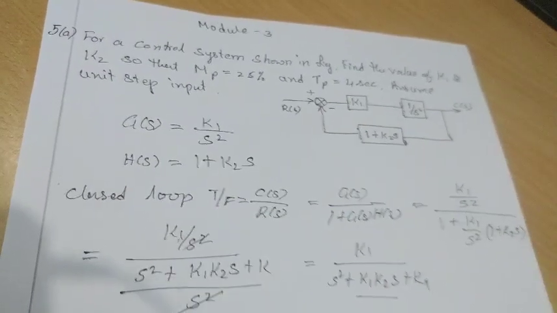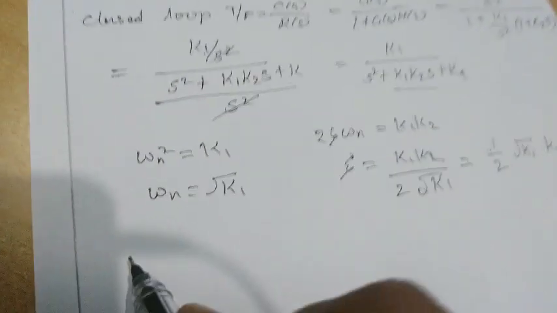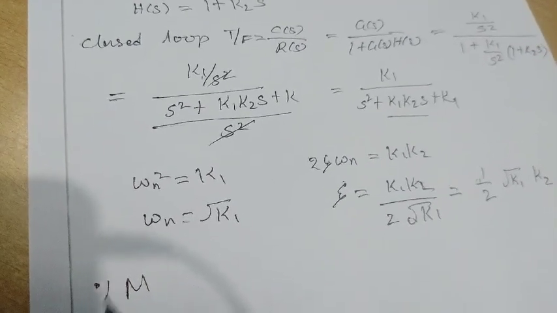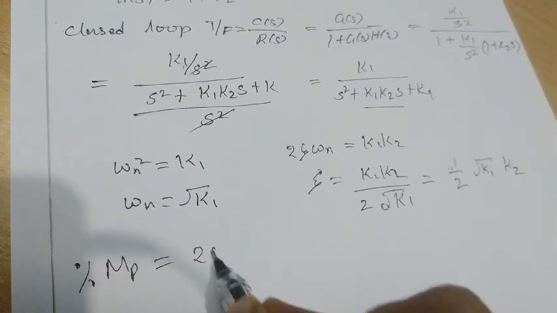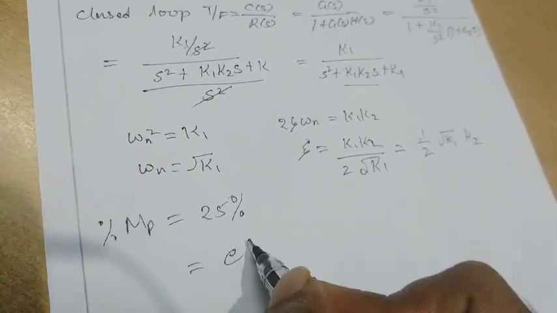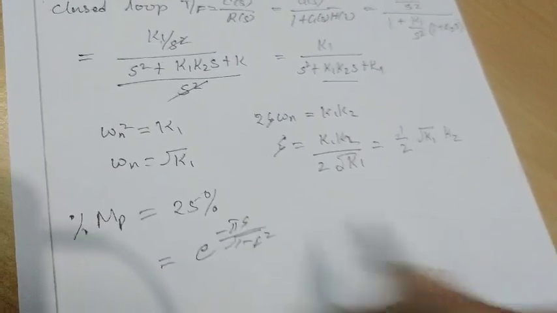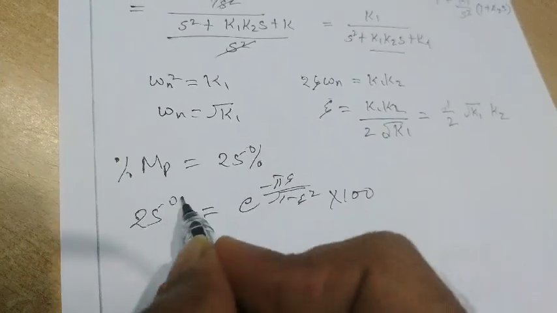So after this, as they gave us in the question, they gave us the peak overshoot MP value. So percentage peak overshoot value is 25%. So the peak overshoot is given by e power minus pi zeta under root 1 minus zeta square into 100 is 25%. Right?